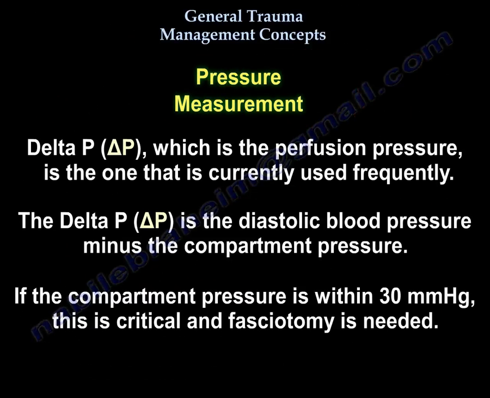The delta P, which is the perfusion pressure, is the one that currently is used frequently. The delta P is the diastolic pressure minus the compartment pressure. If it is within 30 mm mercury, then that is critical, then you need to do fasciotomy.